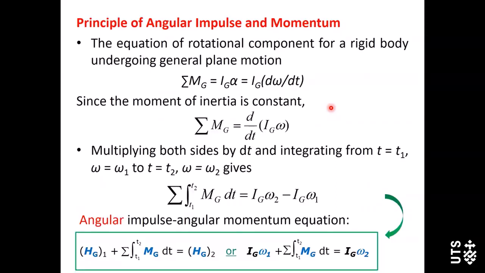Using the same procedure, we may obtain principle of angular impulse and momentum. We start from here. The summation of all moments about mass center point G of a rigid body is equal to Ig alpha.